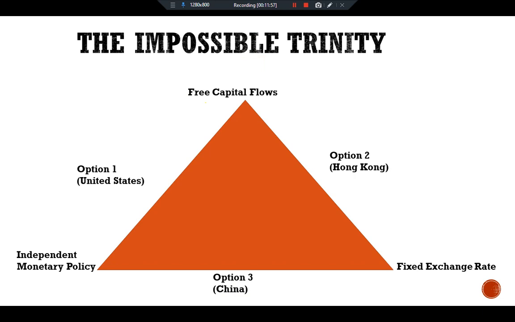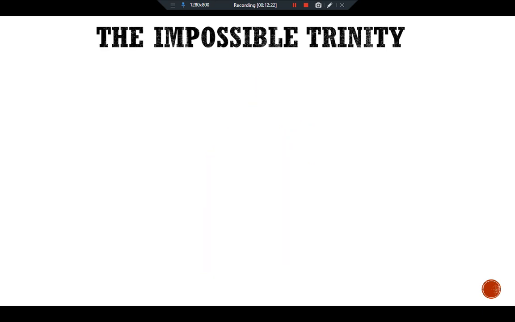It is then possible to have both a fixed exchange rate and conduct an independent monetary policy, but we cannot have free capital flows. So the impossible trinity gave us some main options and conclusions.